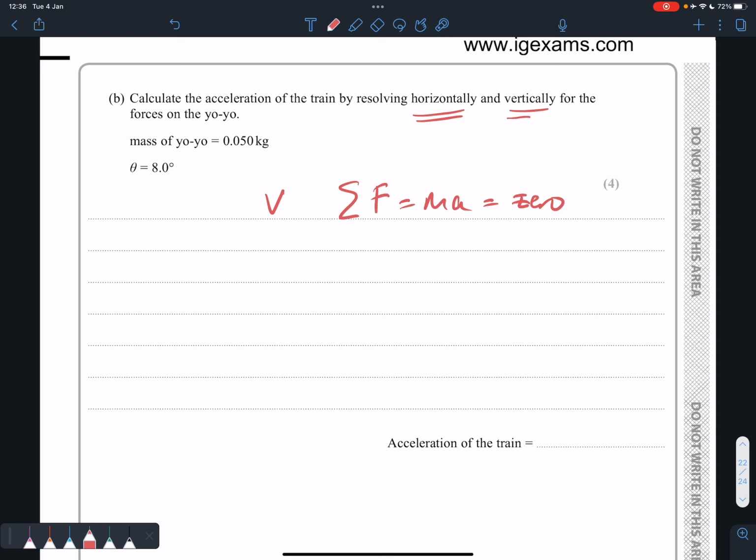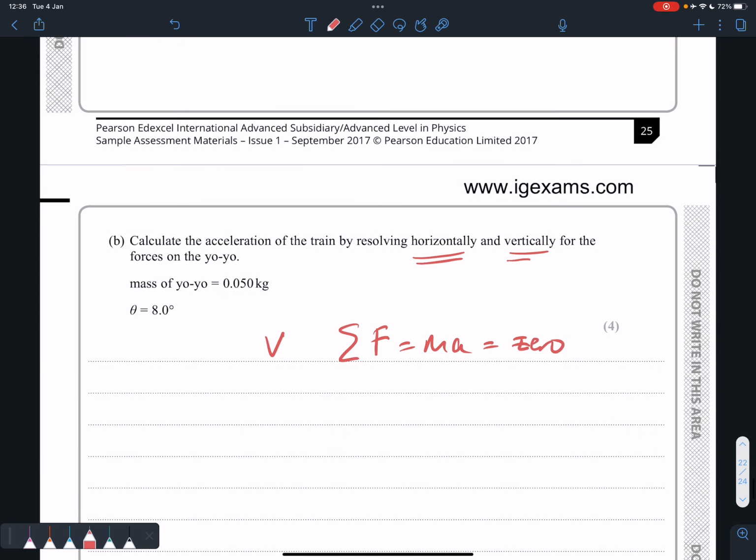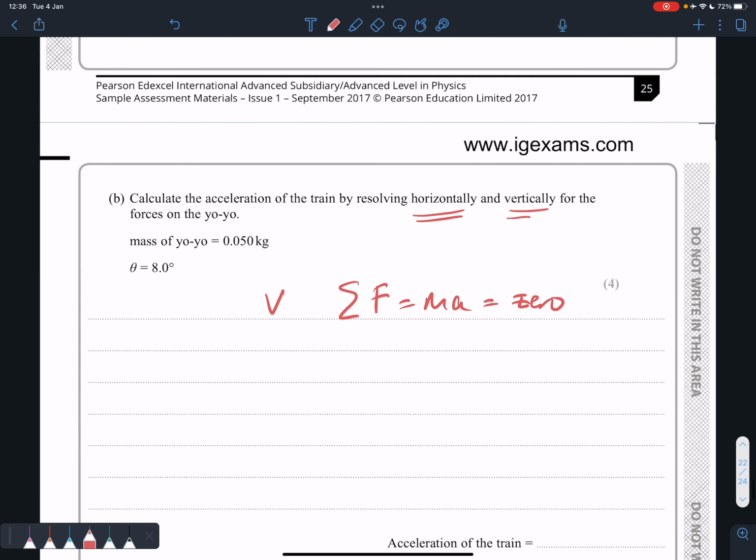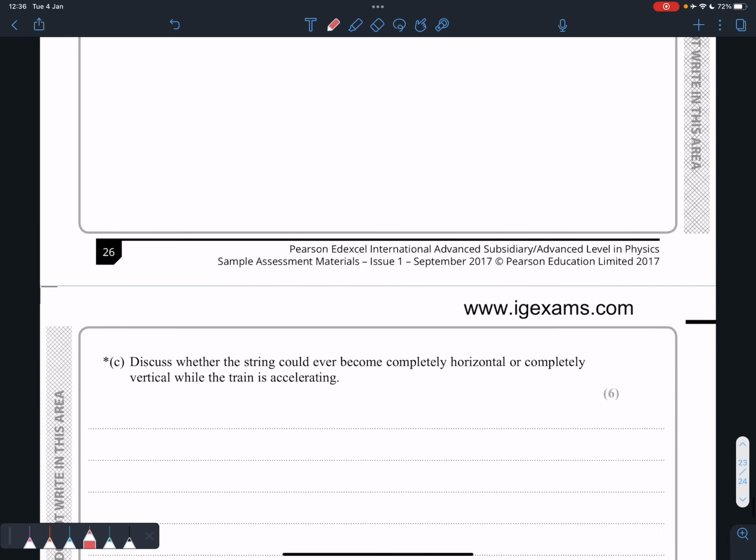And horizontally you're interested in finding the acceleration of the train, so it's equal to the mass times the acceleration of the train. So horizontally it's the acceleration of the yo-yo, and you can work that out. I think that's about it.